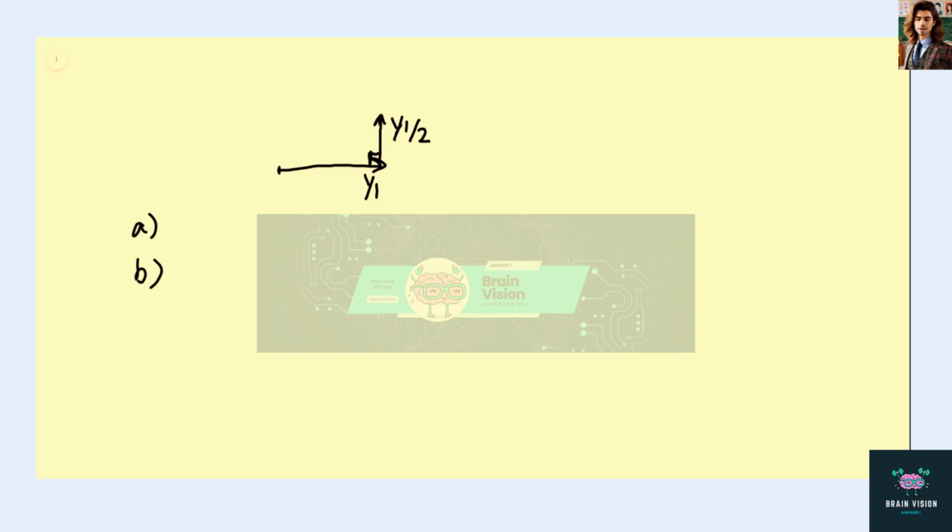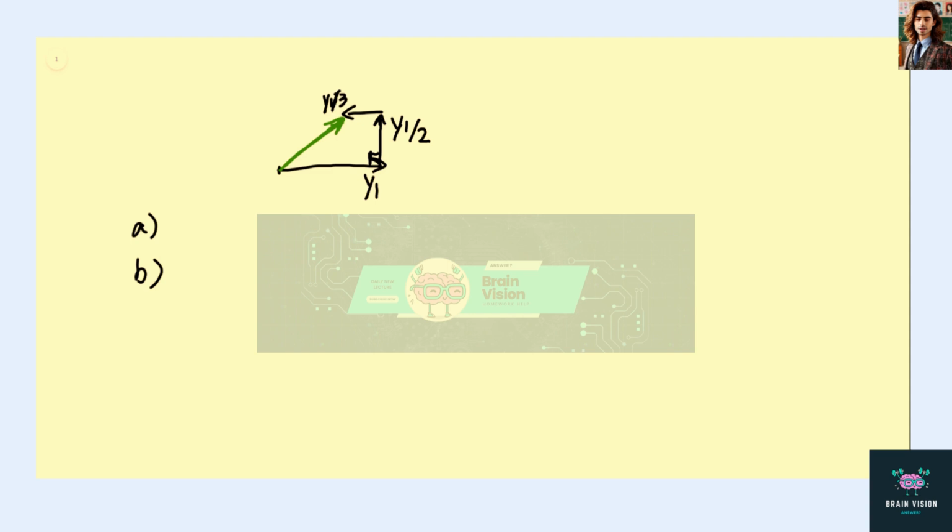The next has a phase of 180 degrees, and its amplitude is y1 over 3. The second wave will be here. With all three waves, this forms a trapezoid that we can calculate.